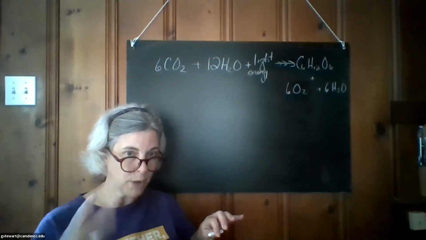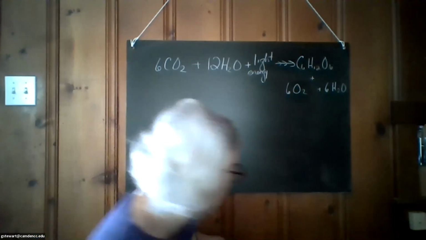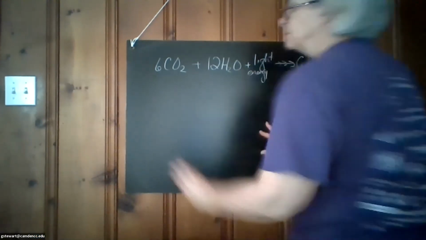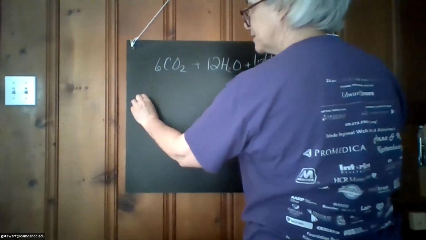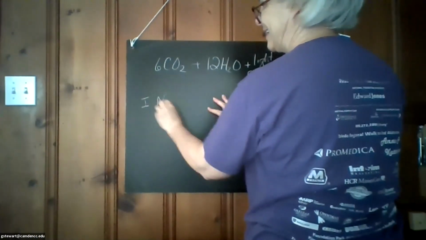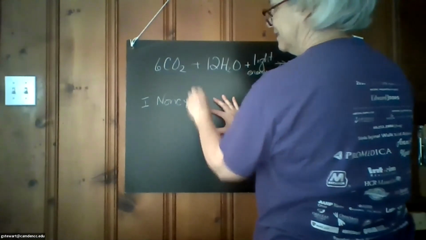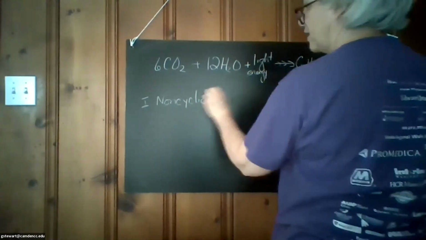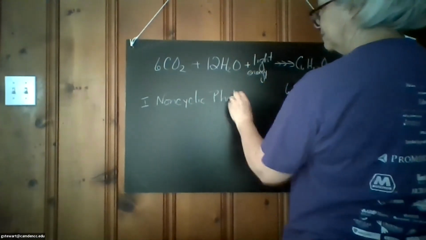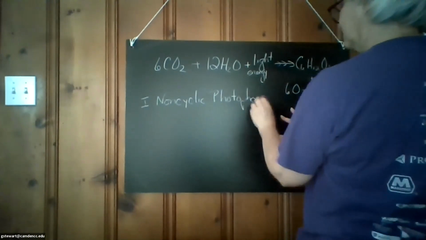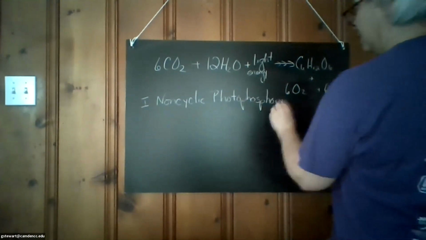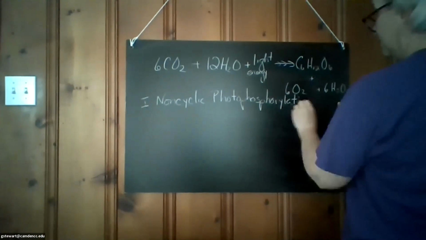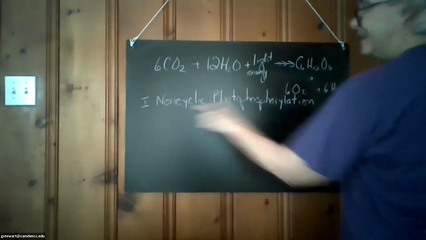So the 2 parts of photosynthesis, we refer to them as, the first part is called non-cyclic photophosphorylation. Okay.